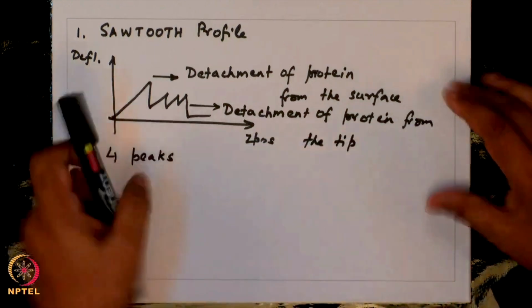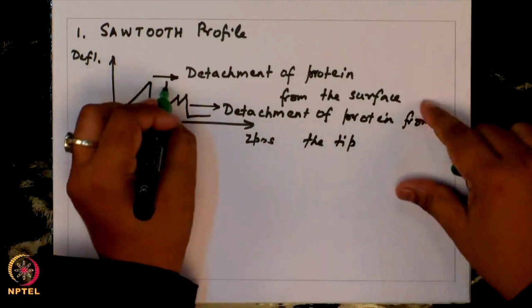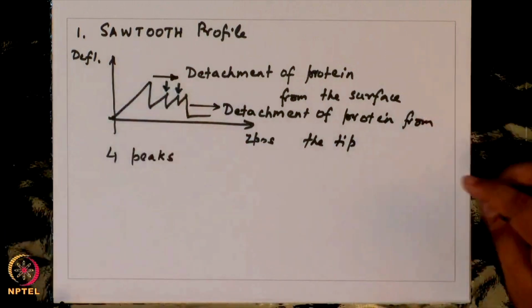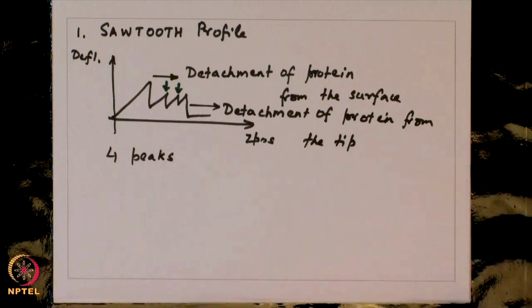Essentially the middle 2 peaks are your data peaks for your protein of interest.